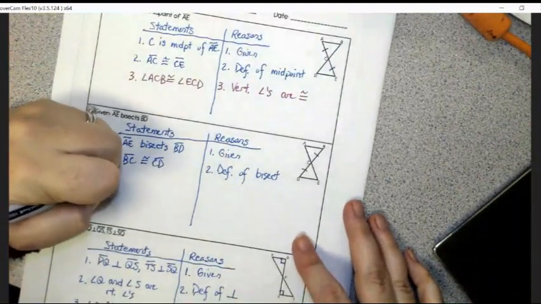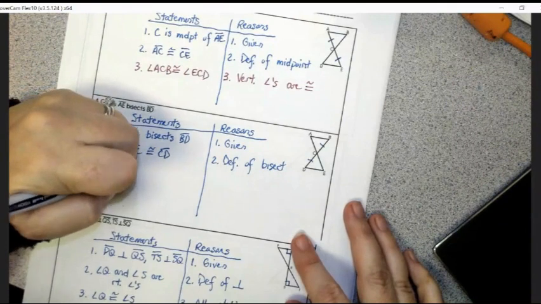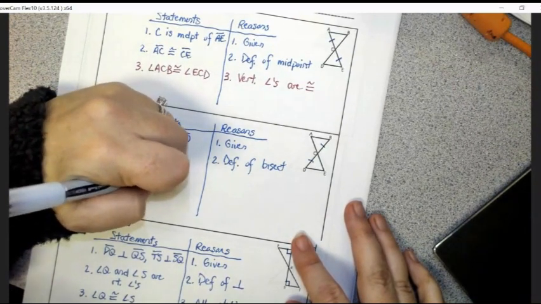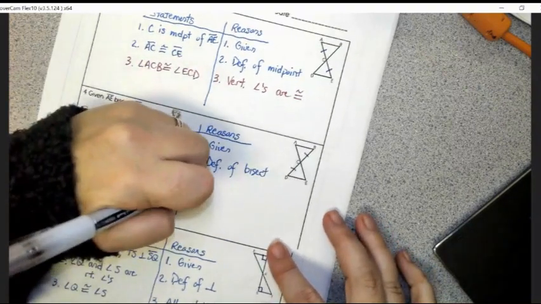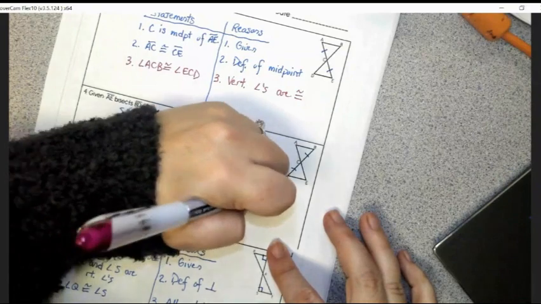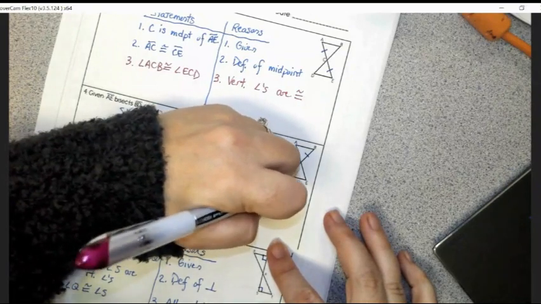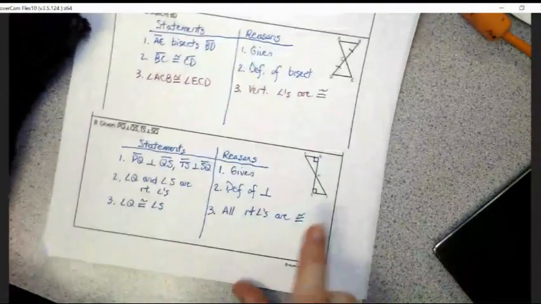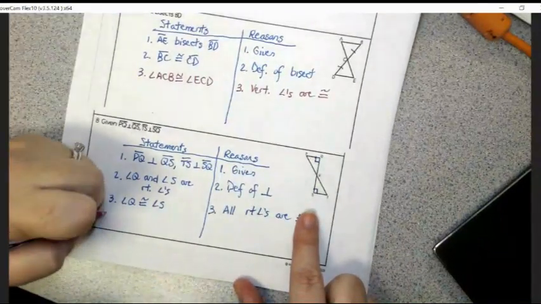Same here, same picture. Angle ACB, angle ECD. Vertical angles are congruent. And down here it's a different picture, so we're going to have different letters.